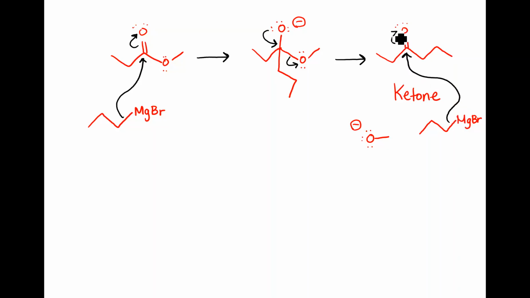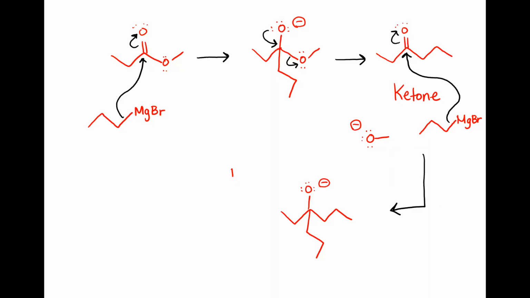Just like we saw before when we started with the ketone. And that forms an alkoxide intermediate that does not have a leaving group. So we're stuck at this point until step 2, where we have introduced water.